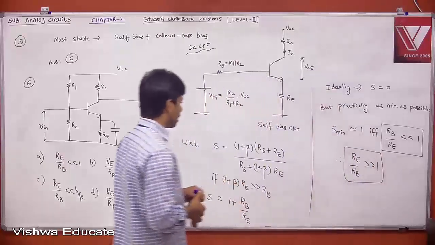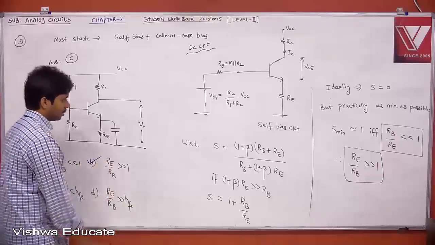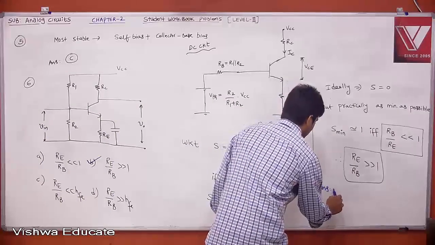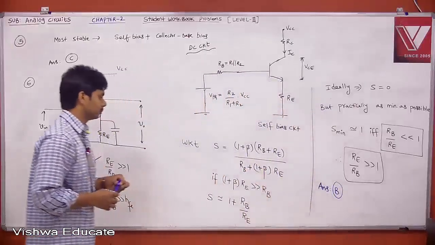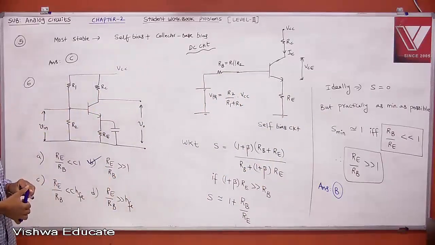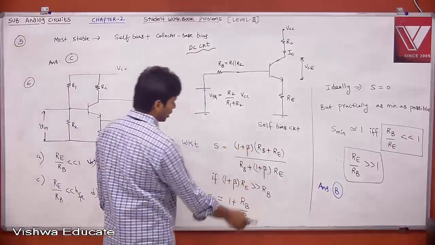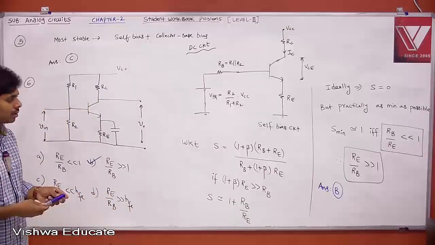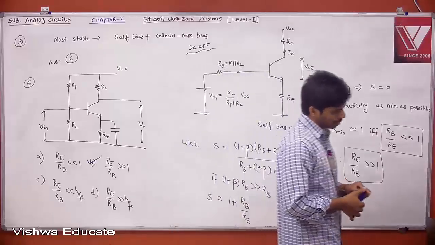Therefore, what is the answer? RE by RB should be very much greater than 1. The answer should be B. If this is true, that will be true automatically. Okay, that's fine. Therefore, write down, the answer is B.